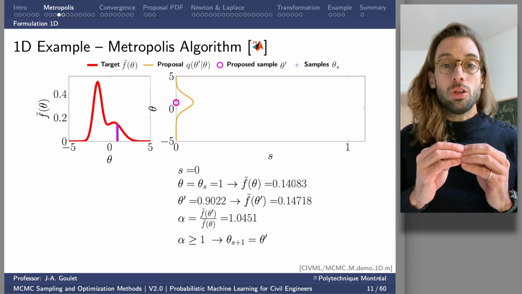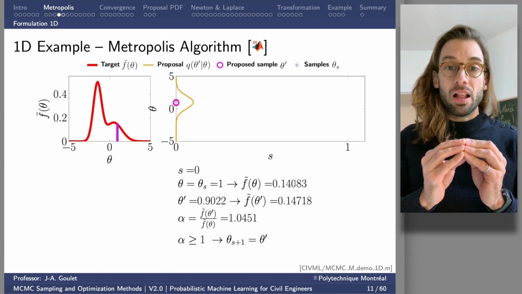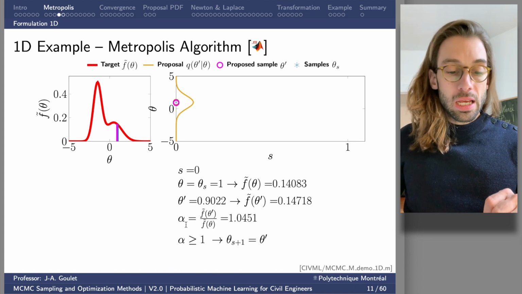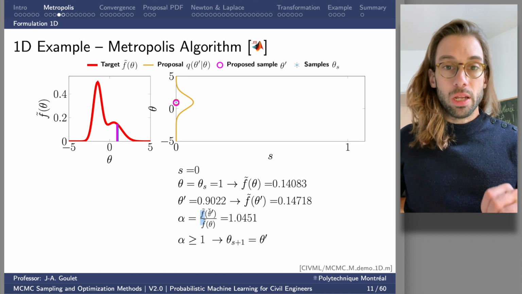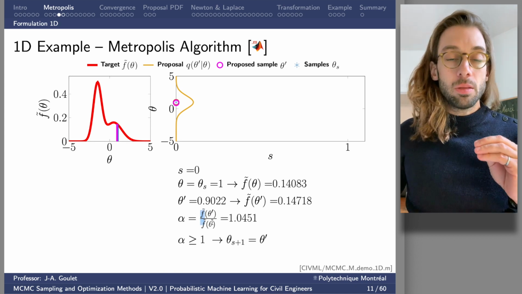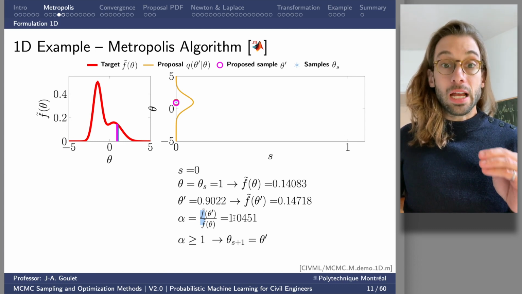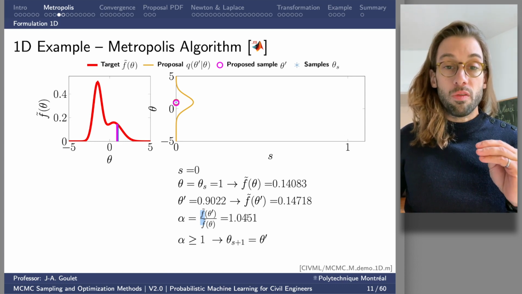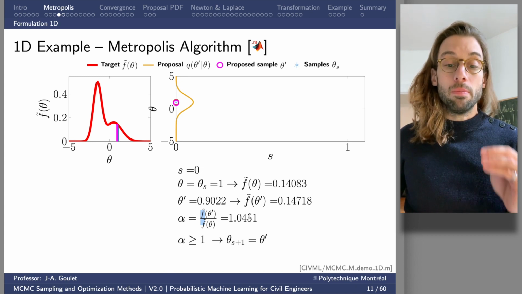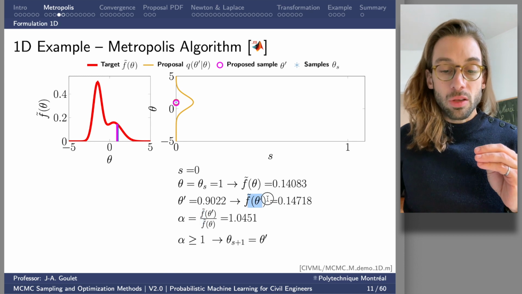So what I'm going to look at now is a ratio alpha. In this case, my alpha is the ratio of my target distribution evaluated at theta prime divided by my target distribution at the current location. And in this case, that ratio is 1.045. That ratio is greater than 1, meaning that my target value at theta prime is greater than at theta.